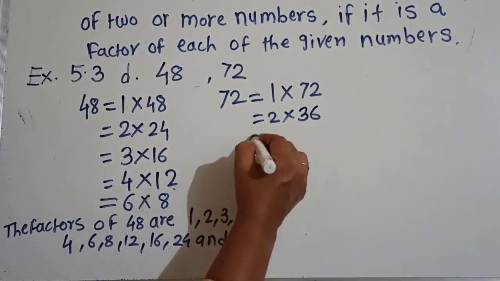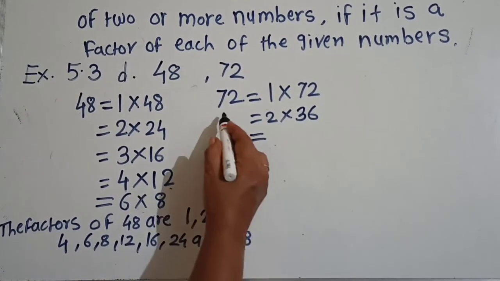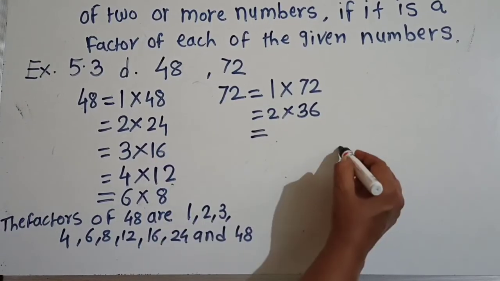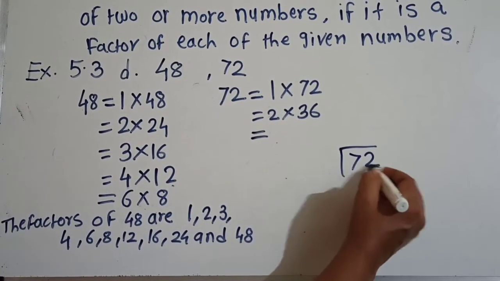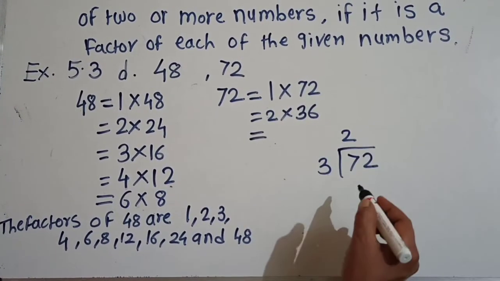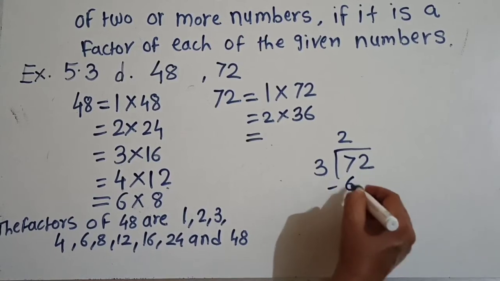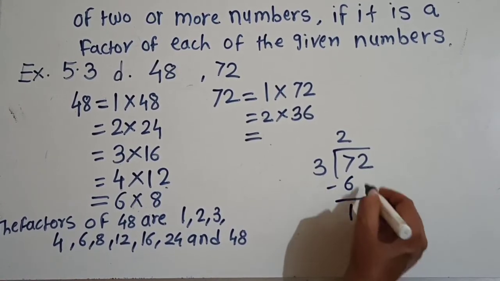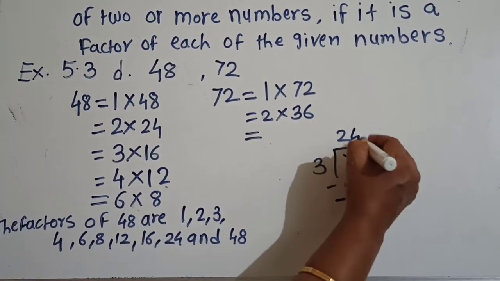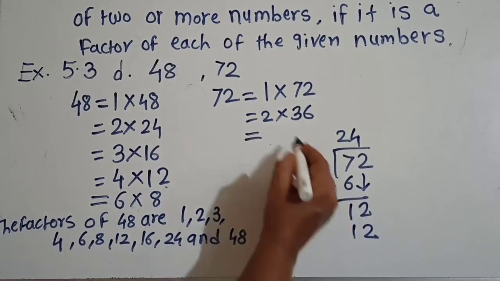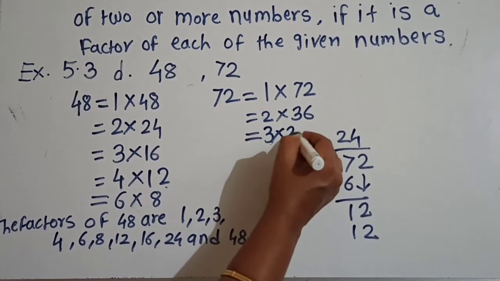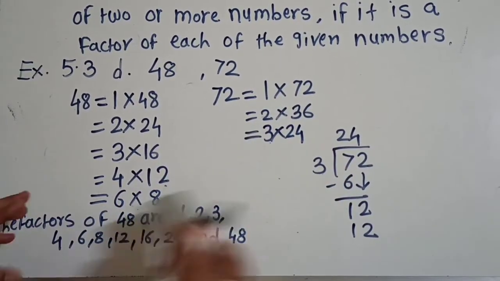Okay, children, now 3. 72 divided by 3. 3 2s are 6. 7 minus 6, 1. When we take this 2 down, 3 4s are 12. Yes, 3 24s are 72. Okay.